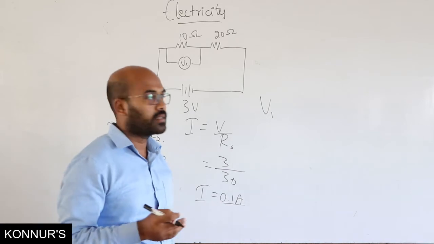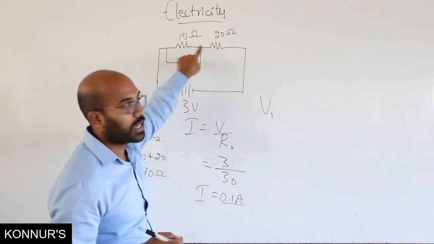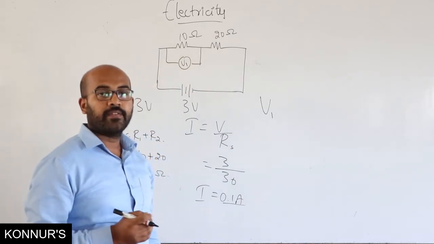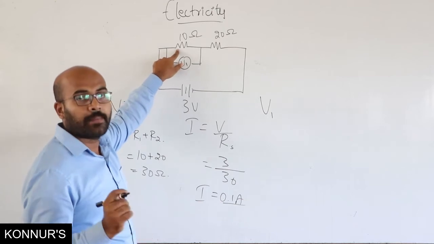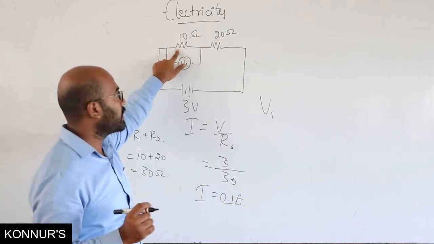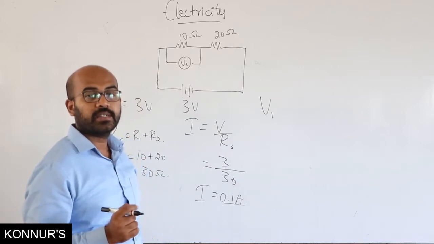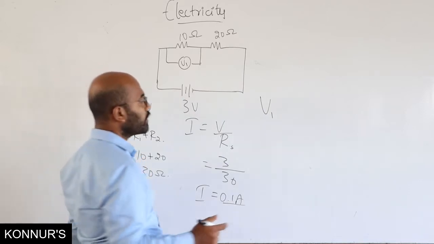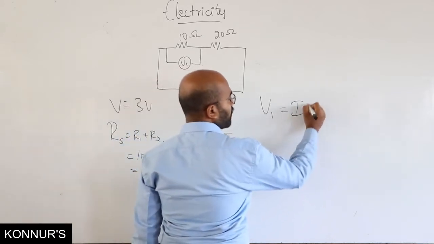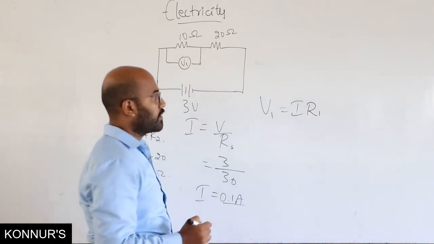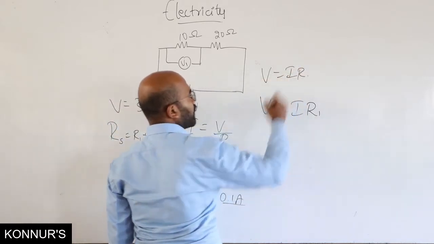Whereas in a series, the same current will be flowing across 10 as well as 20. If it is 0.1 ampere, 0.1 ampere flows through 10 ohm as well as 20 ohm. But the potential difference is different because we know potential difference V1 is I into R1, or in general V is equal to IR.